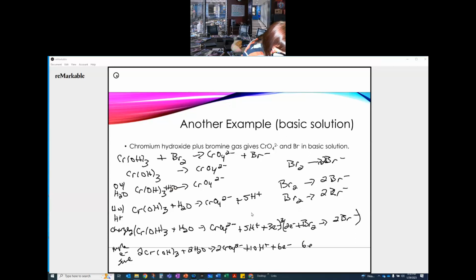We have 6e minus plus 3Br2 goes to 6Br minus. Same number of electrons on both sides, so I can cancel that.